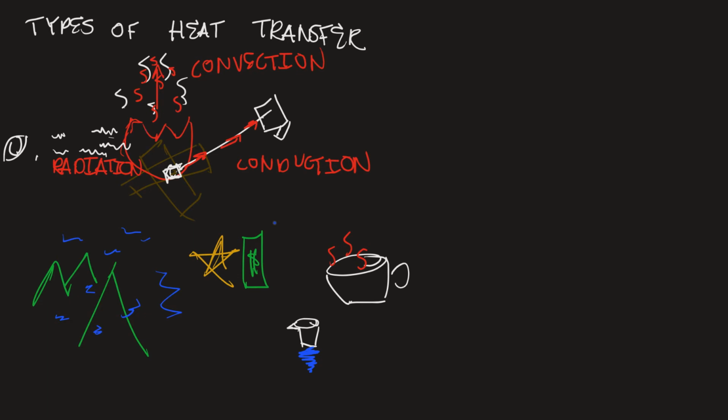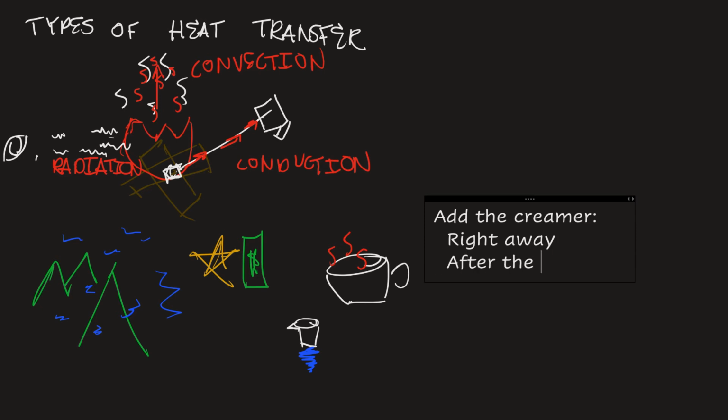This creamer is at the same temperature as the environment, so this is pretty cool. In order to keep the temperature of the hot cocoa as high as possible for as long as possible, what would you do? Would you add the creamer? Would you do it right away? Would you do it after the cocoa has cooled?